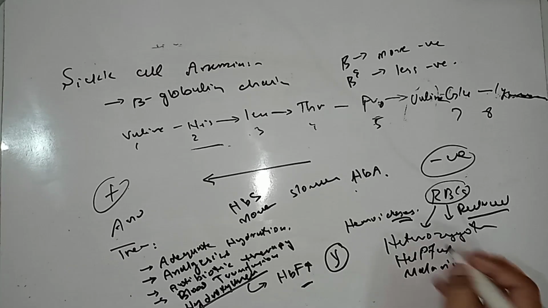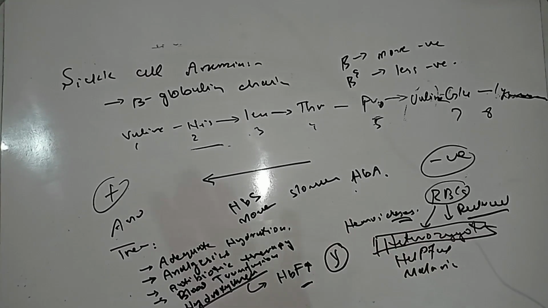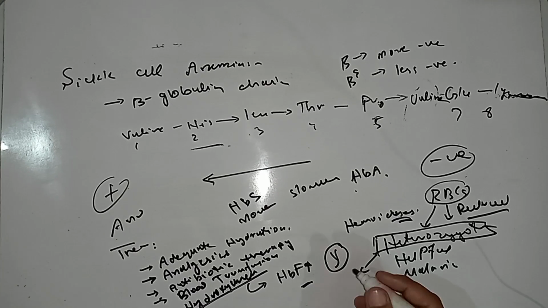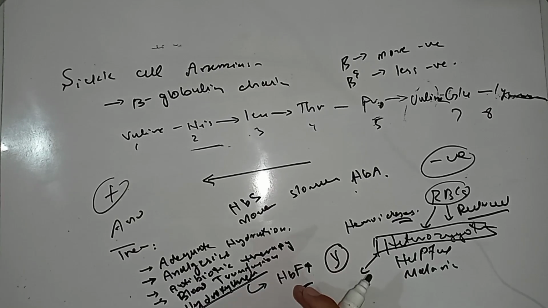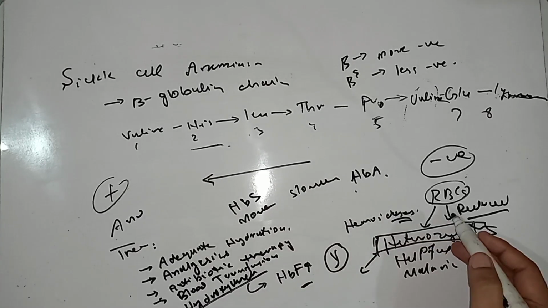What happens in heterozygous condition? One beta chain is defective and one is normal, the patient has a normal lifespan, so there is no pain crisis as occurs in homozygous condition, and no specific treatment is required. So heterozygous condition has a less reduced RBC lifespan.